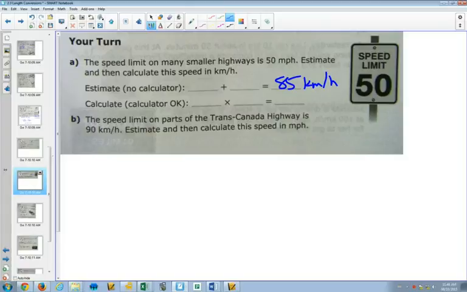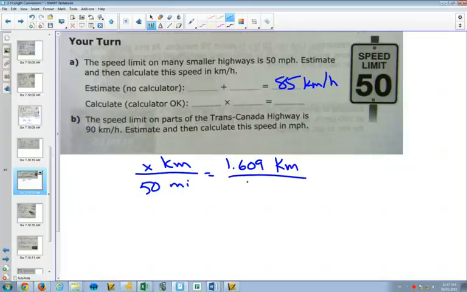Now, when you want to actually calculate it, I know they put spaces here, but you could just set up your proportion. I want to find out how many kilometers is 50 miles. I know from above that 1.609 kilometers was 1 mile. Or if you went to your formula sheet, it says 1.61. That would be fine as well.